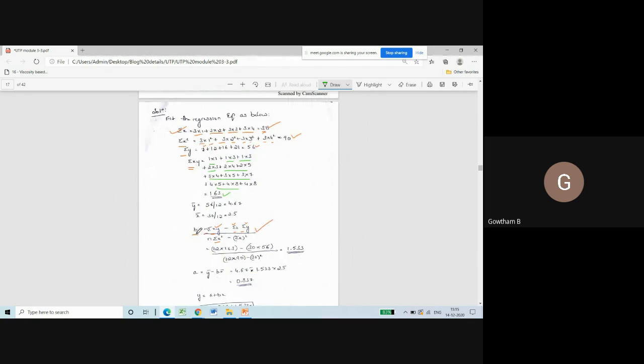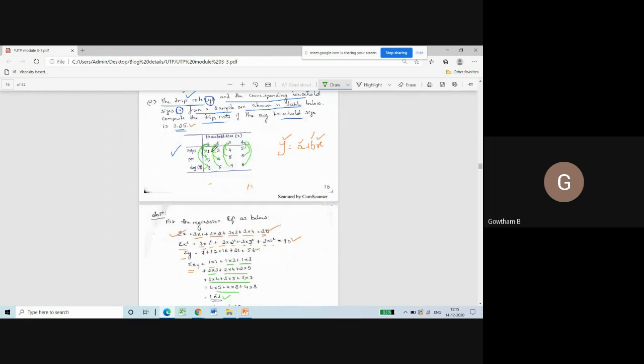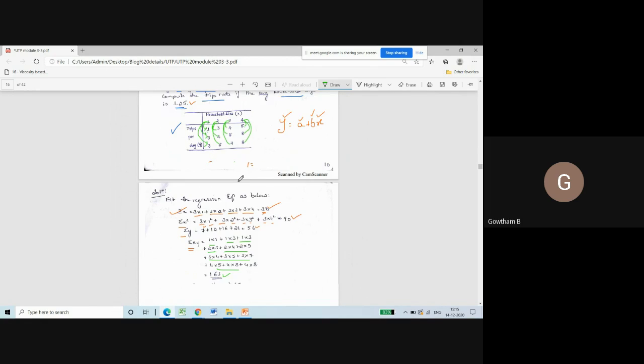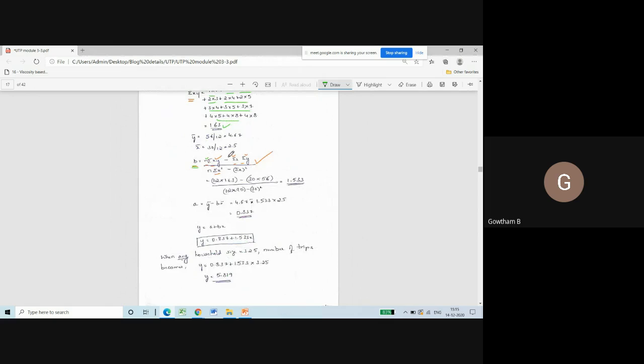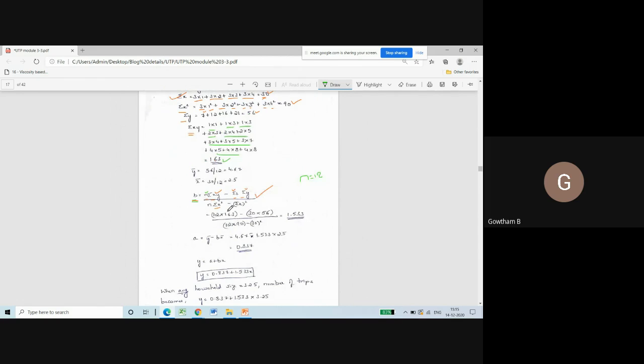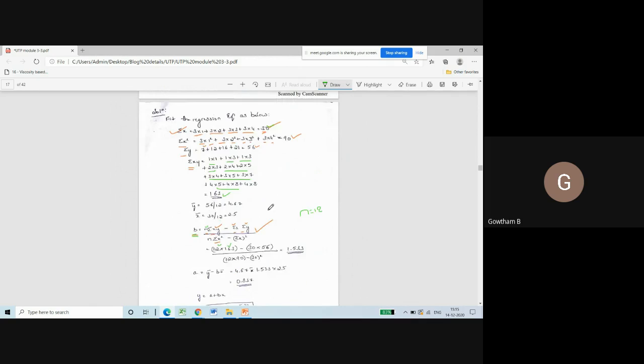Now, in this formula, all things are available. N stands for the total number of observations. That is how much? 1, 2, 3, 4, 5, 6, 7, 8, 9, 10, 11, 12. Total 12 observations. So N is equal to 12. Now 12 into summation of xy, which is 163, minus summation of x, which is 30, multiplied by summation of y, which is 56.